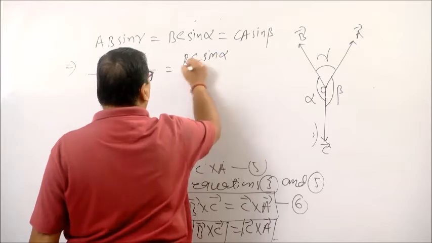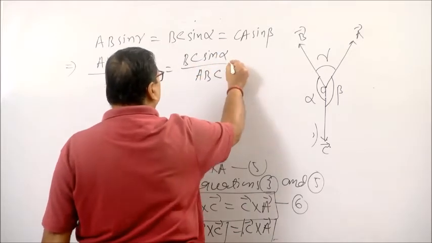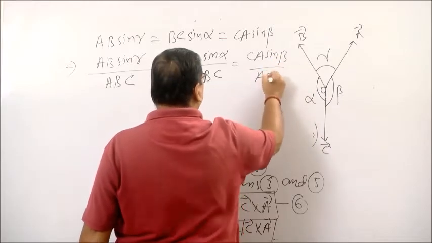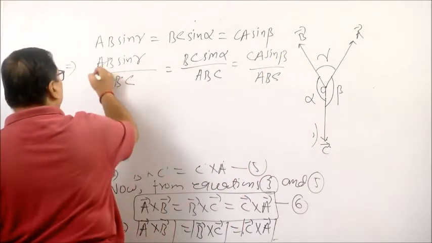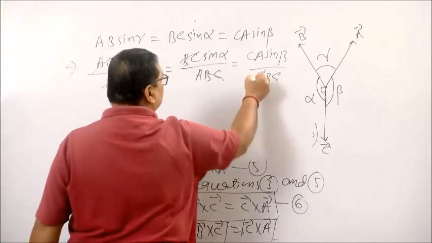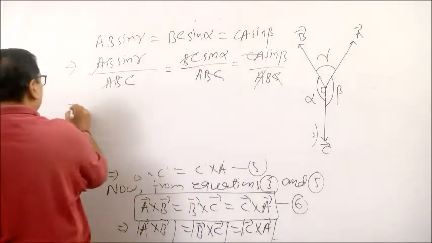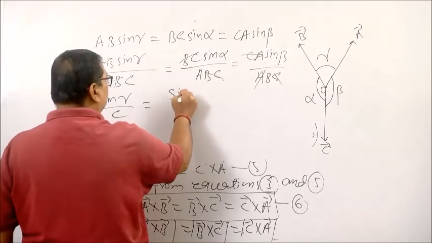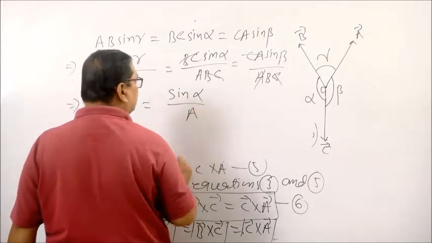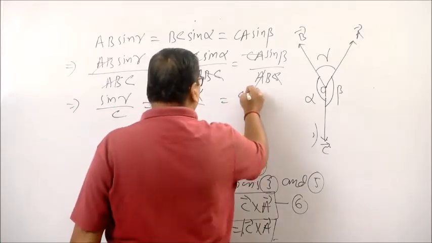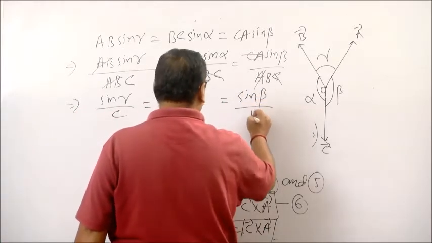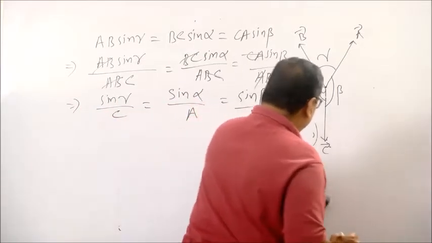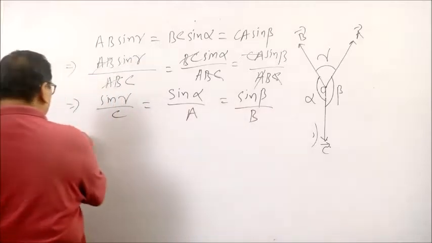So, BC sin alpha by ABC, CA sin beta by ABC. So, here these terms are cancelled. So, finally, sin gamma by C equal to sin alpha by A equal to sin beta by B. Now, you can arrange in the order.